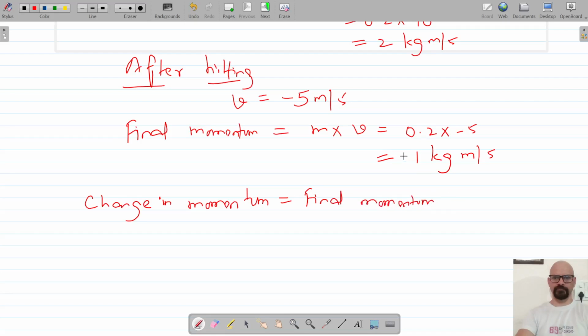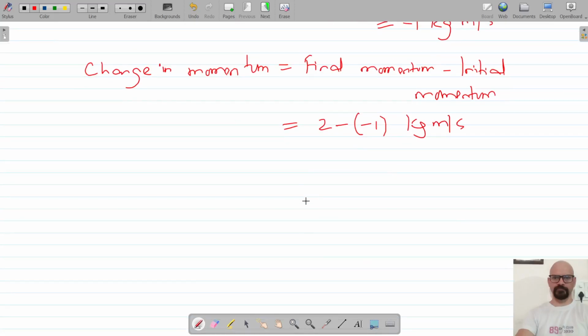So this is final momentum minus initial, in the respective values, which is 2 minus 1 kg meter per second, and that is equal to 3 kg meter per second.